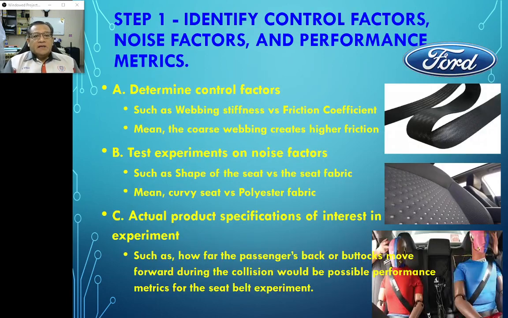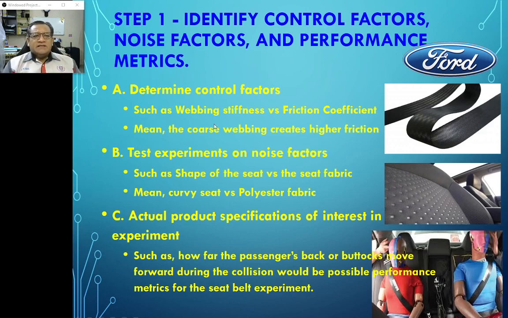Okay, so let's take a look at the steps one by one. Say Ford engineers want to test their seat belts and their seats in order to measure the submarining problem during a crash, or the back angle of the passenger when involved in the crash, how far it moves forward, right?